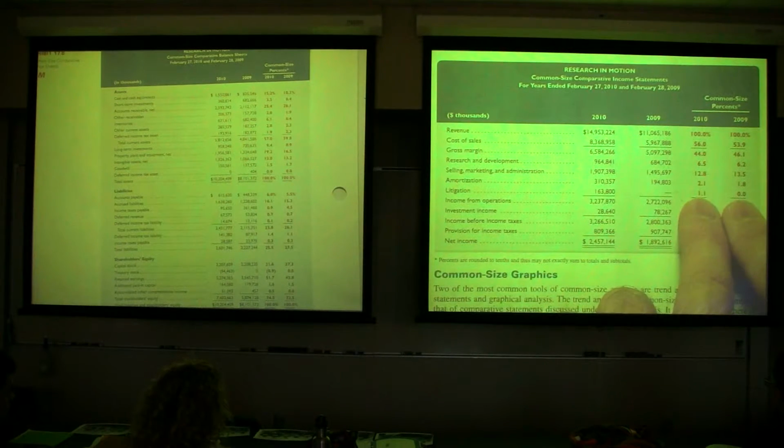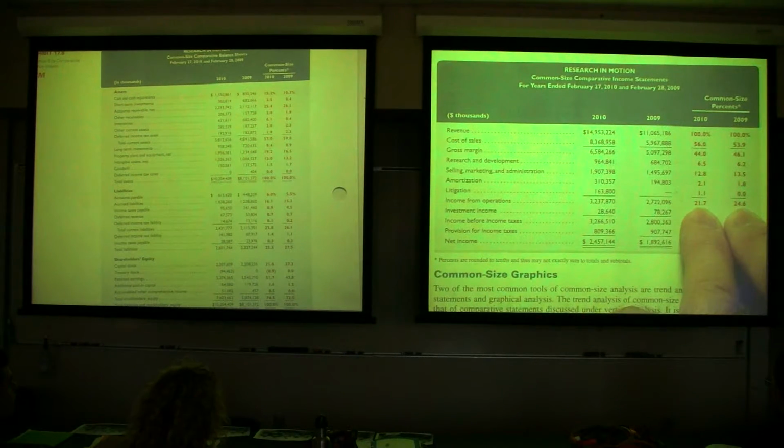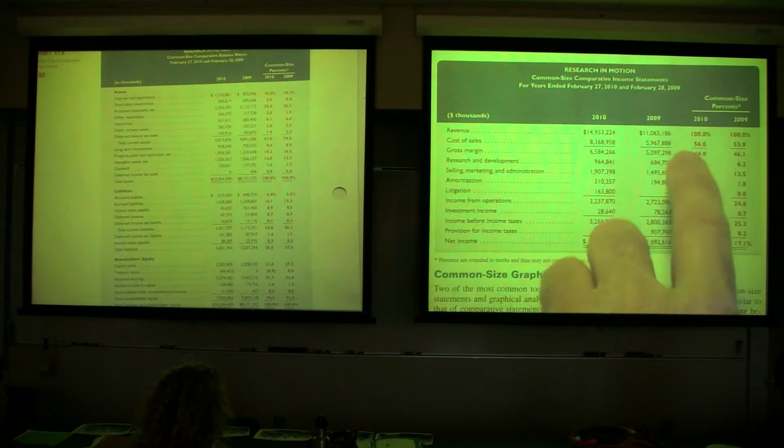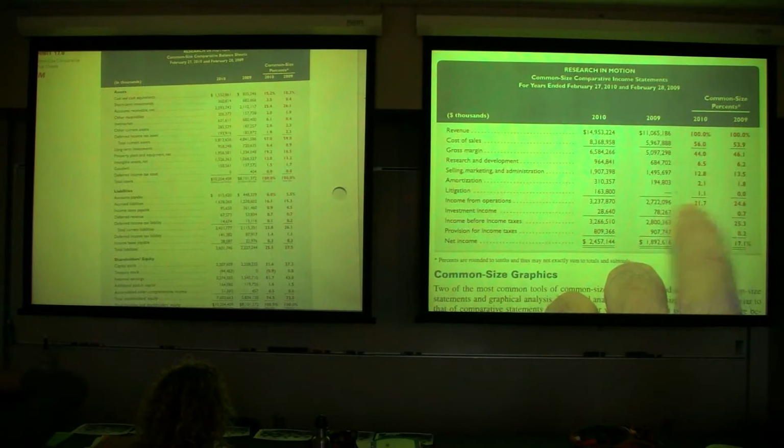Litigation went up. Income from operations, of course, went down. And then the investment income went down. Income before taxes went down and so forth. But what it allows you to do is keep track of how everything is comparing within itself, and to make sure that nothing gets out of whack.